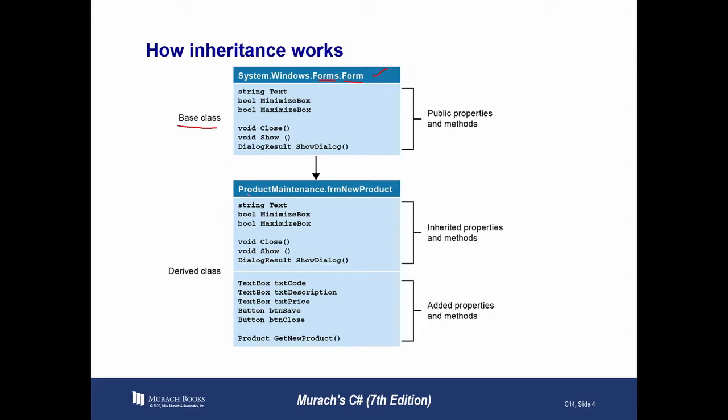Then we go down and we've got product maintenance or form new product, and this inherits properties and methods. You can see that these three things are the same as this, and these three things are also the same as this. So when we talk about inheritance, what we're saying is take all this stuff here and give the next class all of the same exact properties.